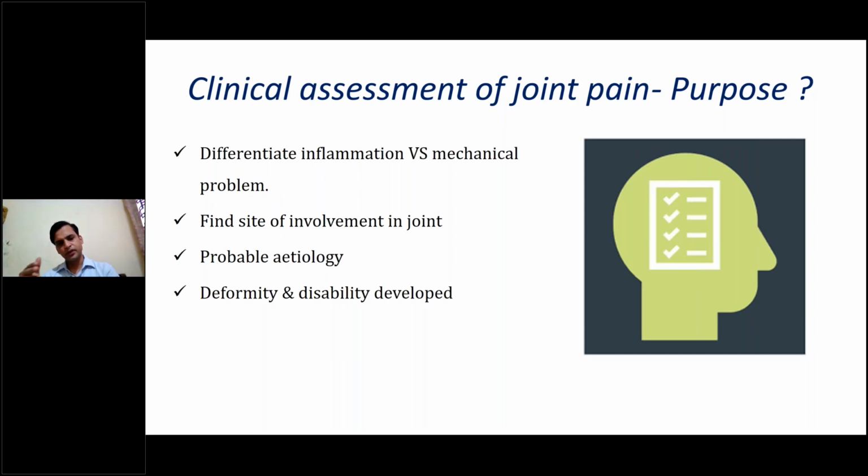We will think about the probable etiology of that joint pain, and the deformity and disability which the patient has developed due to that pain. The patient might be finding difficulty in activities of daily living, sitting cross-legged, squatting, or doing household chores. These are called disability.